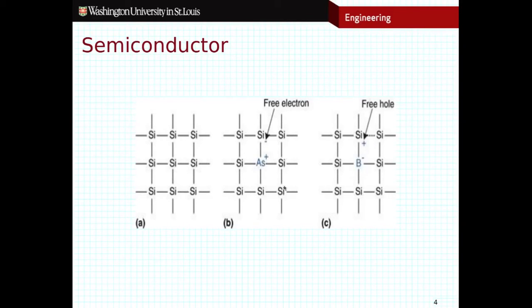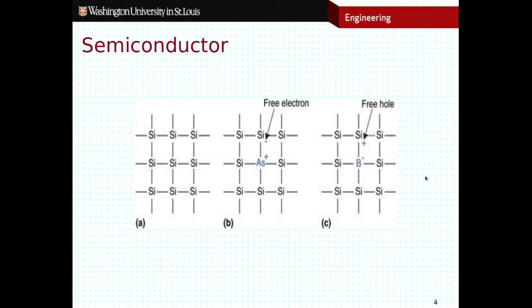By adding this arsenic into the silicon system, we've managed to come up with an additional positive source in the system, which is going to attract an additional electron into this silicon-arsenic system. So we have an extra electron now floating around. An electron, of course, has a negative charge. So this system is what we call negatively doped. It has additional electrons available than it would otherwise normally have if it were pure silicon.